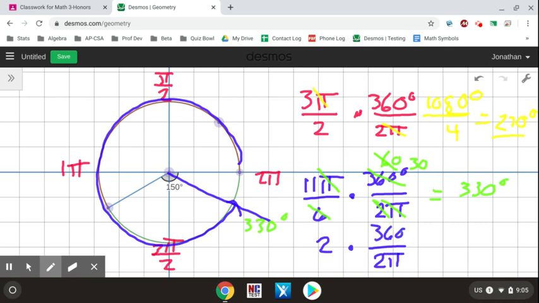The difficulty with this is that when I convert it, it's not going to come out pretty anymore. What I'm going to end up with this time is 2 times 360 divided by 2, and that's going to just give me a 360. But since I did not put the pi in the calculator, I have to leave it on the paper. And since it's in the denominator, it gets left in the denominator. So your answer is 360 divided by pi degrees.